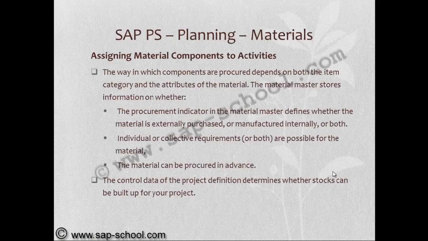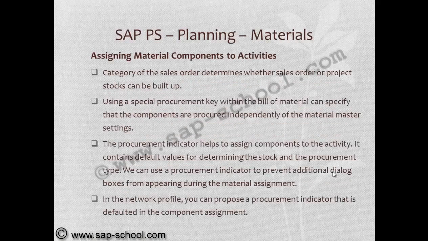The control data of the project definition determines whether the stocks can be built up for your project or not. The category of the sales order determines whether sales order or project stocks can be built up.